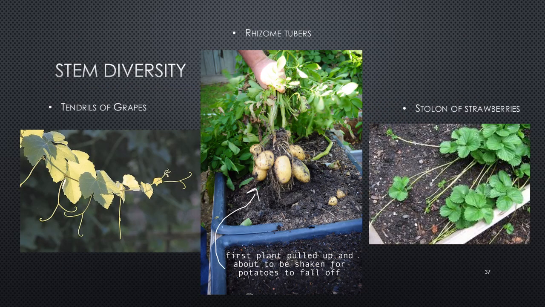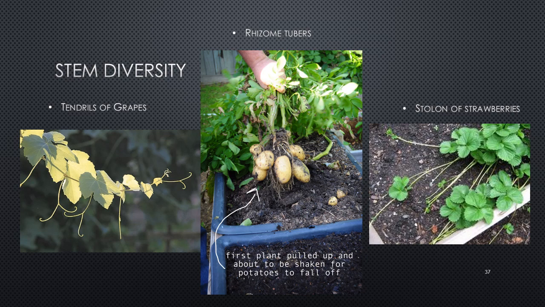Okay, so this is just to give you an idea of a little bit of stem diversity, some modifications to stems. So tendrils on grapes, for instance, are a modification of a stem, and that allows grapevines to grab onto structures.